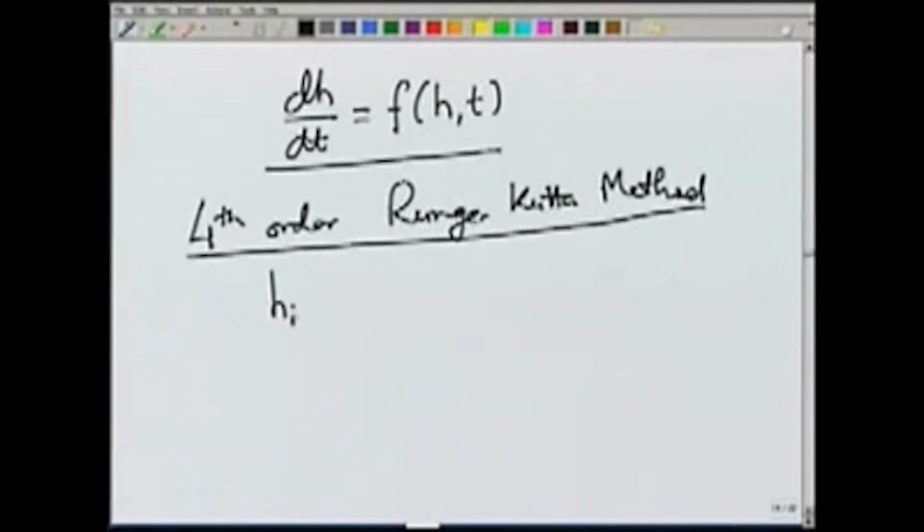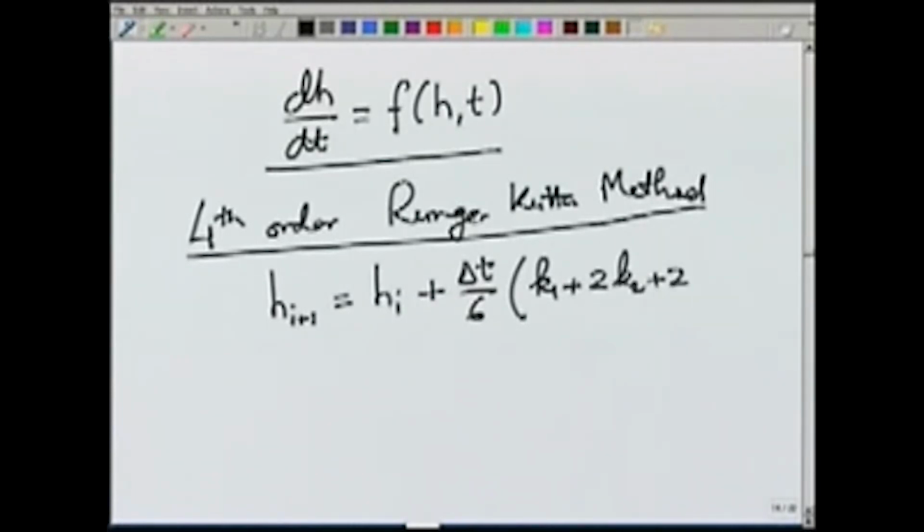The equation which we use in this case is, knowing the values at the ith interval, we can write the values at the I plus first interval as a weighted mean of some dH by dt values, which are denoted by k, multiplied by delta t and adding to the h at the previous time step.